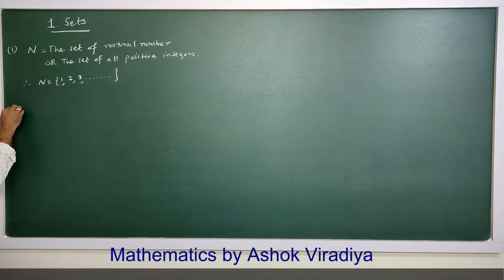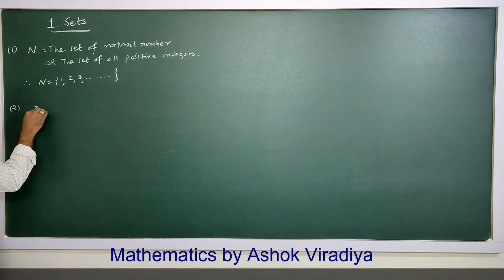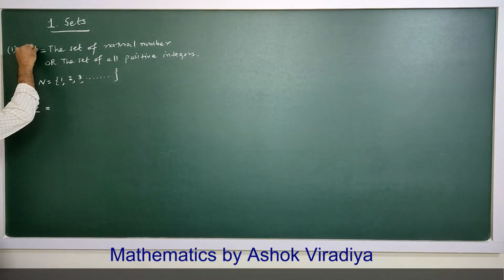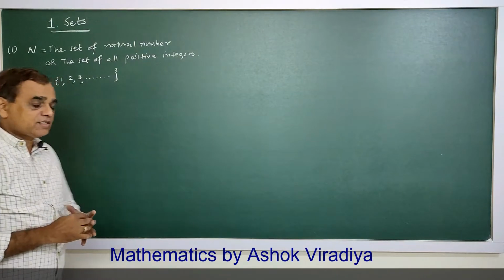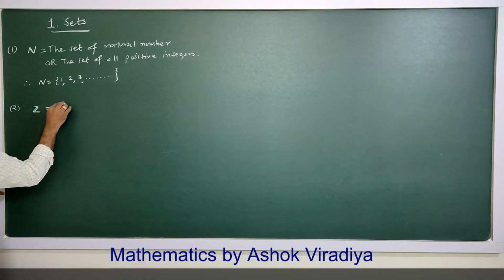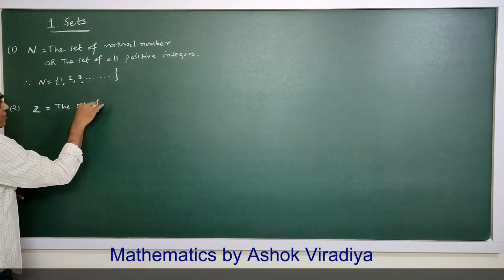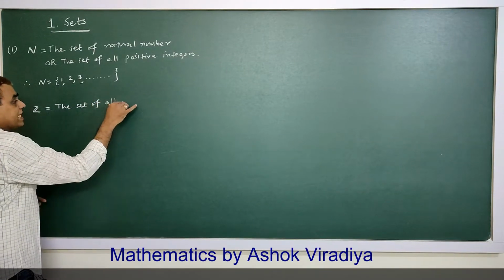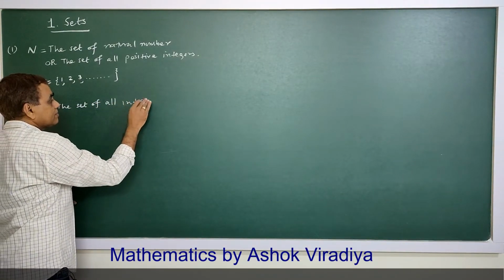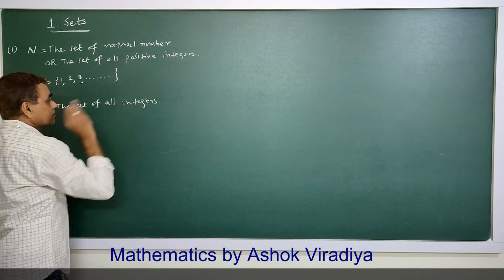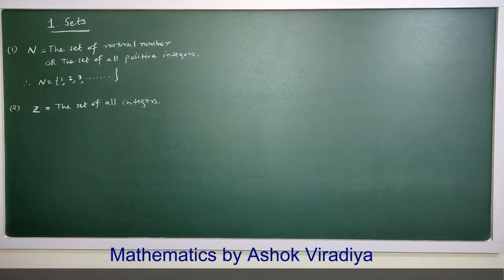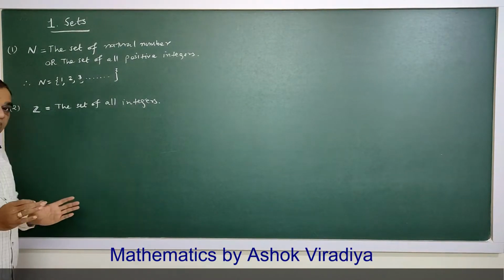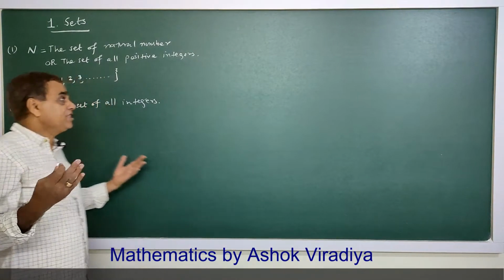Second symbol, Z. See, Z is the set of all integers. This symbol is used for the set of all integers, that means all positive as well as all negative integers.